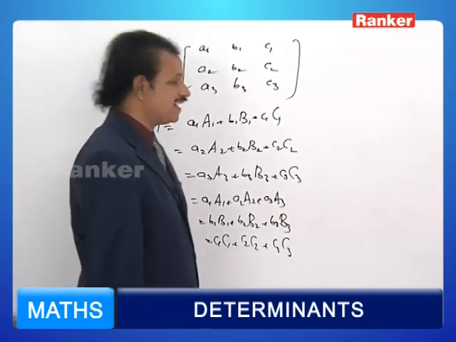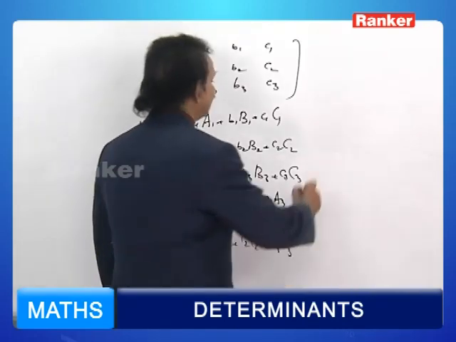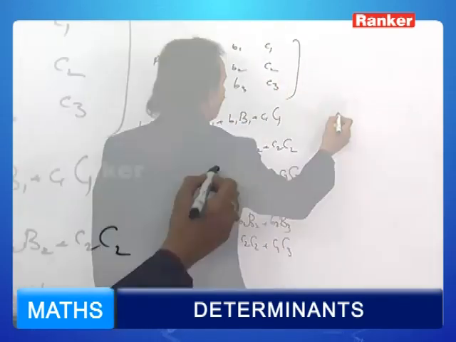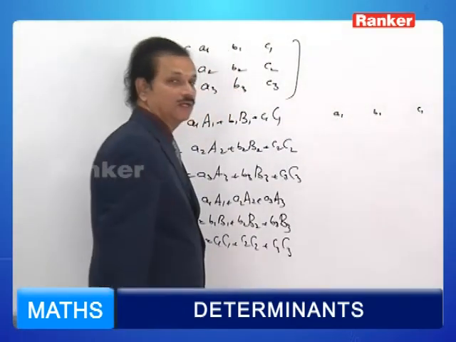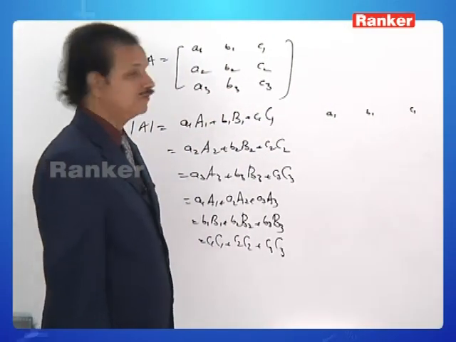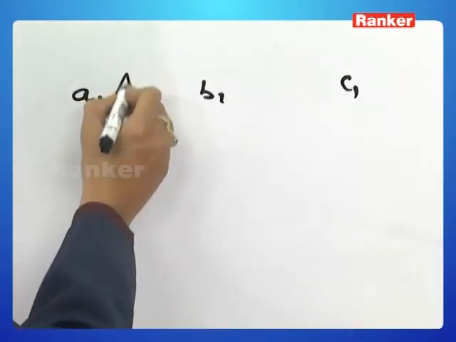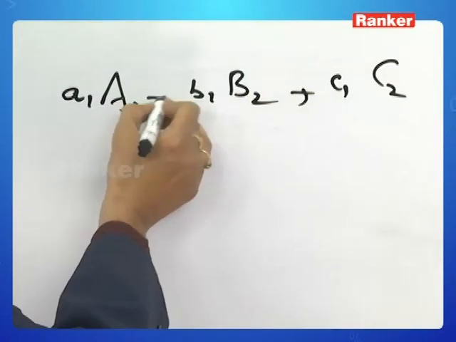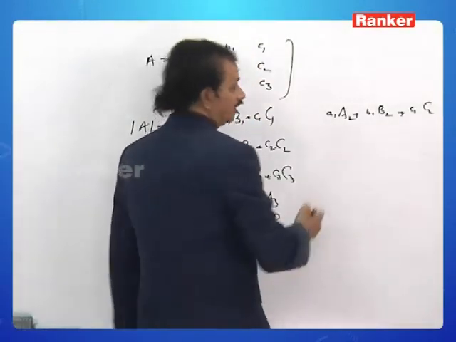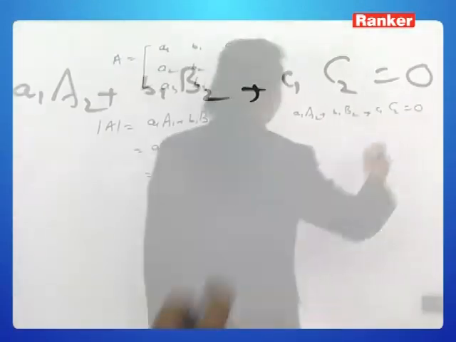Another beautiful character of the cofactors is, look here. What are a1, b1, c1? Elements of the first row. What are A2, B2, C2? Cofactors of the elements of the second row. If you have the sum of these products, you will have 0.